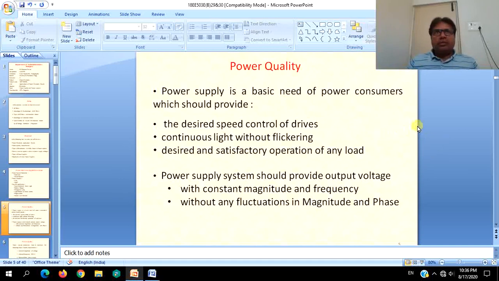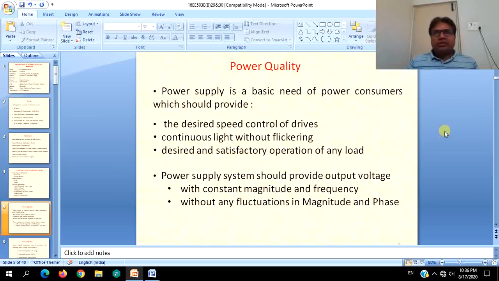So what do you mean by the quality of power? Obviously, to have proper performance of the load, lighting or power loads or motors and other electronic equipment, the voltage and frequency in particular should be constant so that the load will operate satisfactorily.